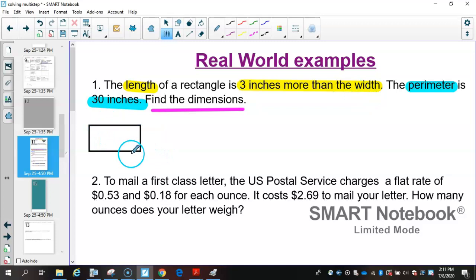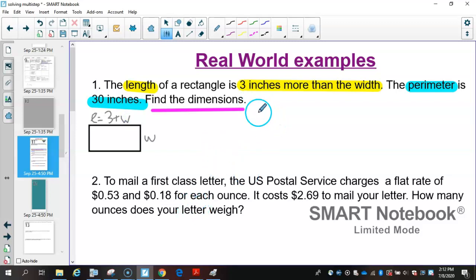Well, if this is length and this is width, I haven't been given any information about my width, but I have been given that the length, there's a cursive L, is 3 inches more than the width. How would we write that or translate that? If you were thinking 3 plus W or W plus 3, that is correct.